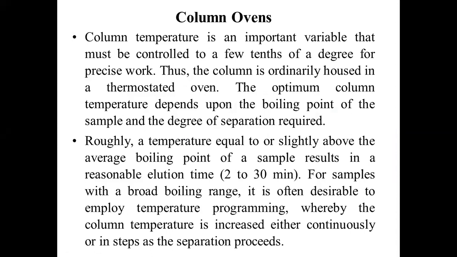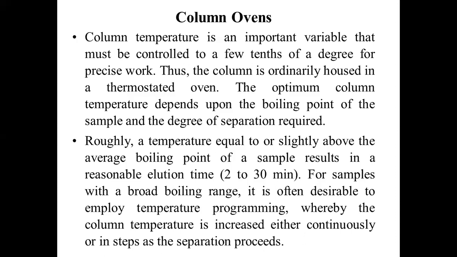Then the column oven has to be programmable, because we are going to program the temperature, particularly while performing gradient elution. What is gradient elution? Gradient elution is done in order to elute the solutes depending upon their properties. Some groups of solutes are going to be eluted under one range of temperature, and other groups under another range of temperature.